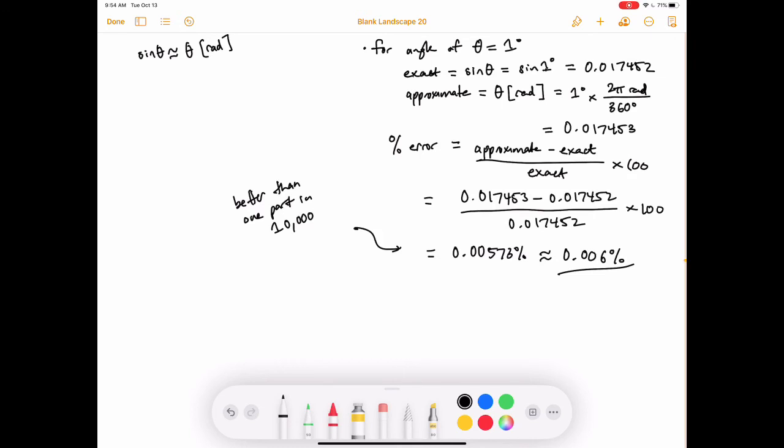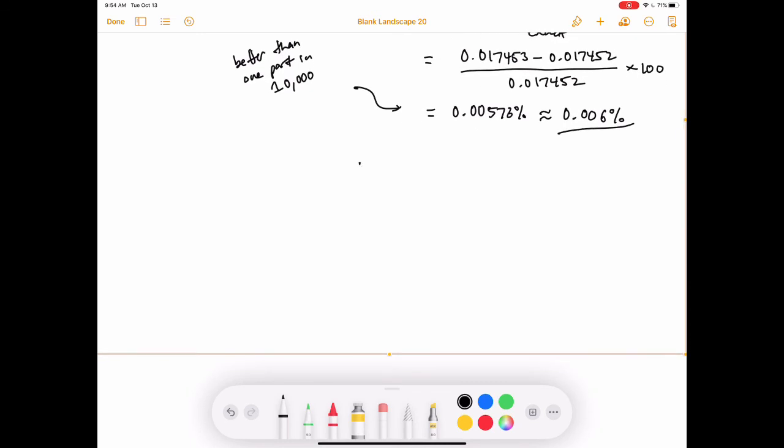However, if we go to an angle of 30 degrees, so for theta equals 30 degrees, the approximation is not quite as good. And so, again, the exact value is just sine of theta. So if we take sine of 30 degrees, that's exactly 0.5.